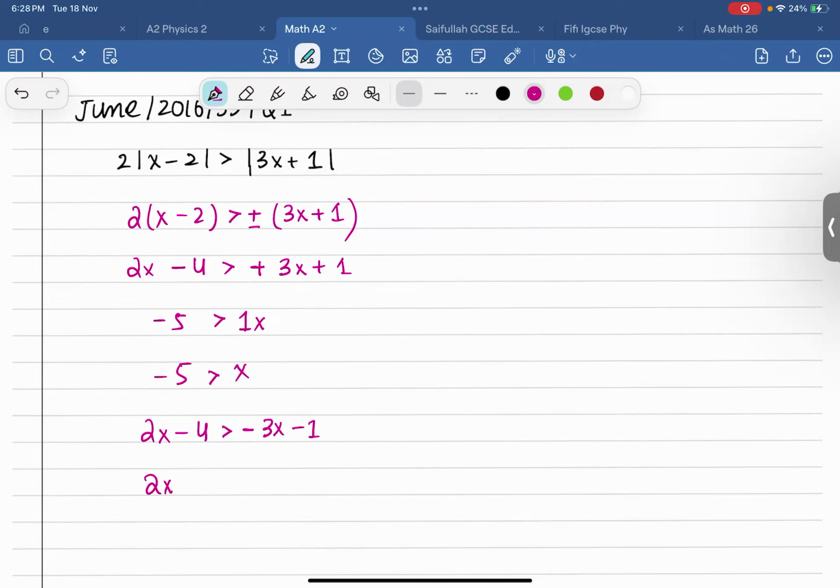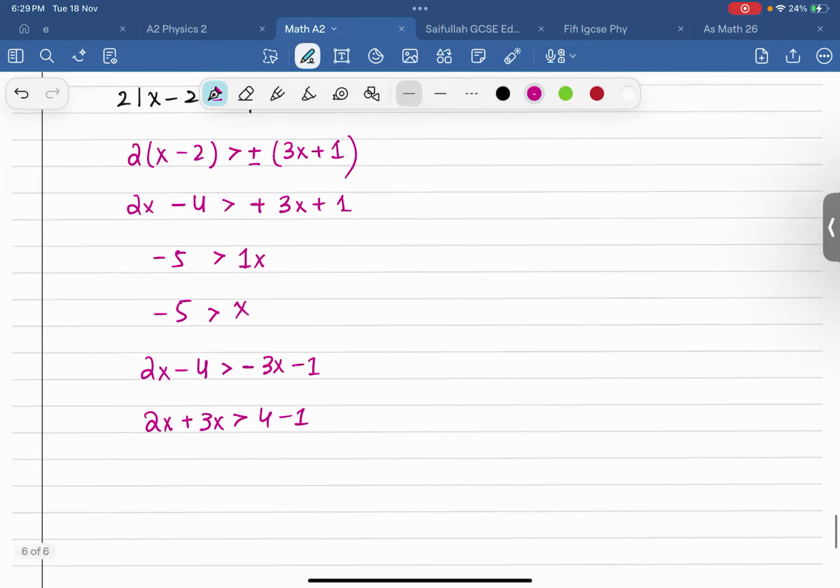So 3x and 4 minus 1, so 5x, and that becomes 3. So x is greater than 3 over 5, right?